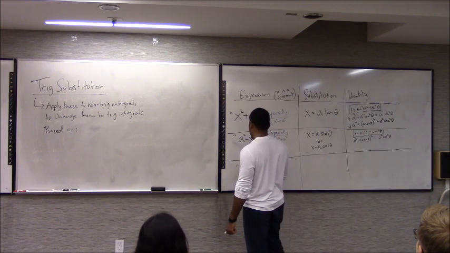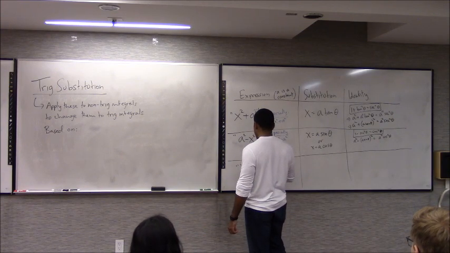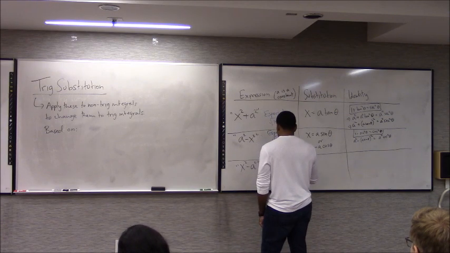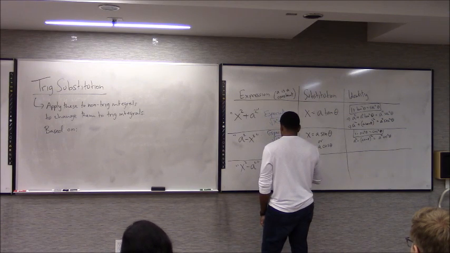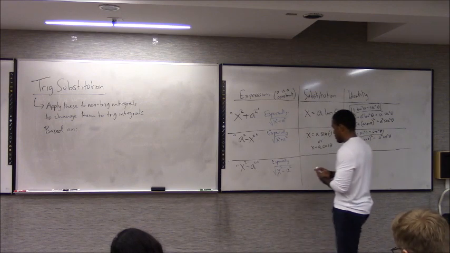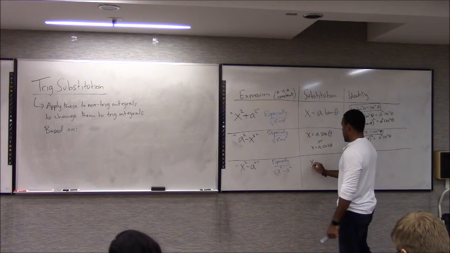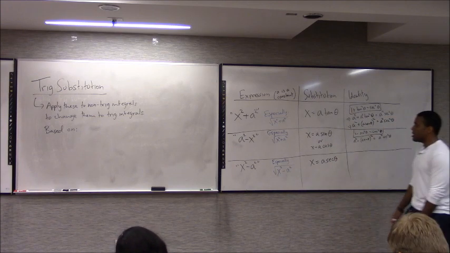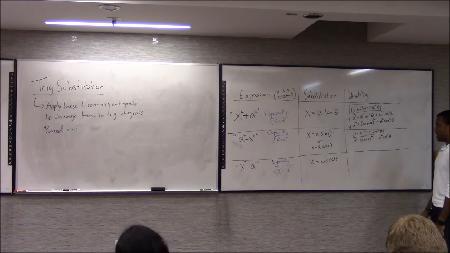The other expression is the other way. You have x squared minus a squared, especially if it's in some sort of radical. Then x equals a secant theta is going to be the knee-jerk reaction here.